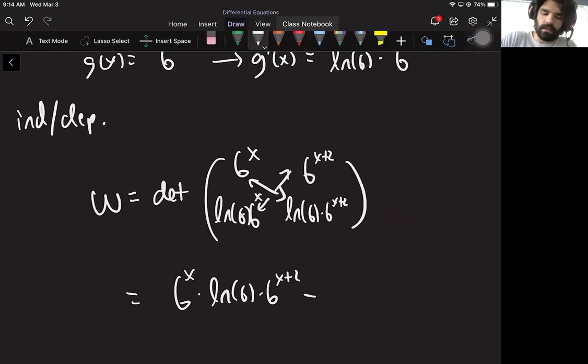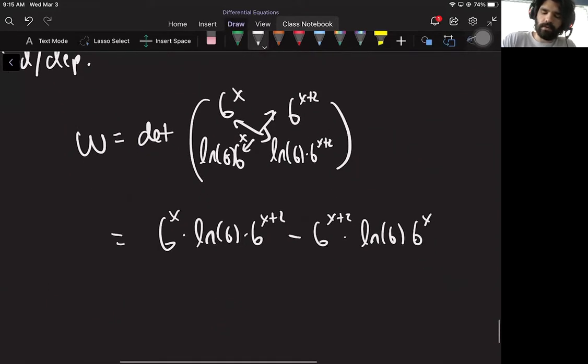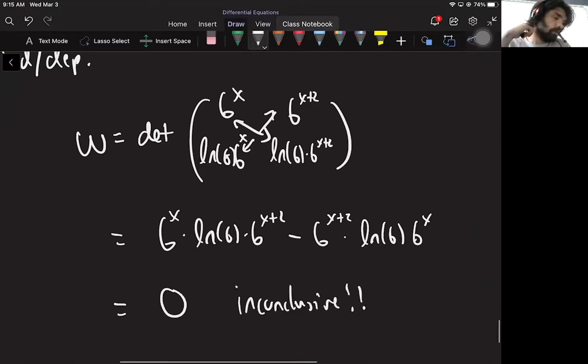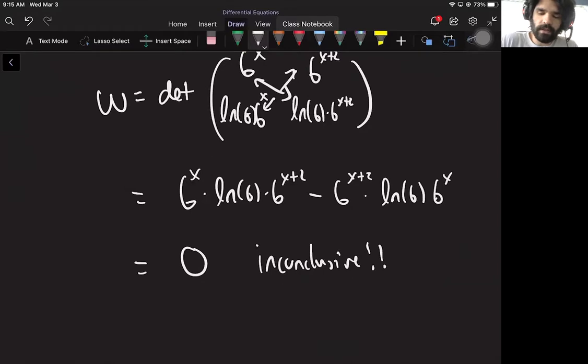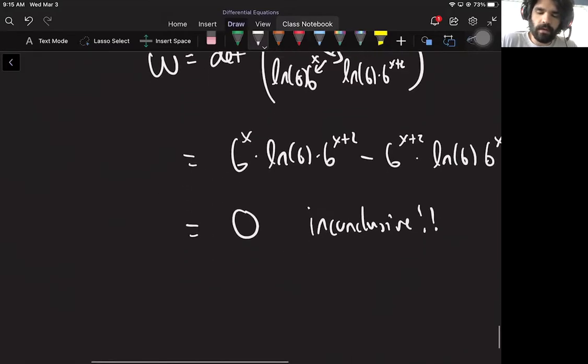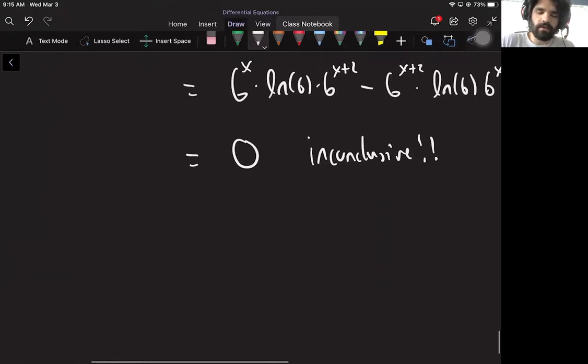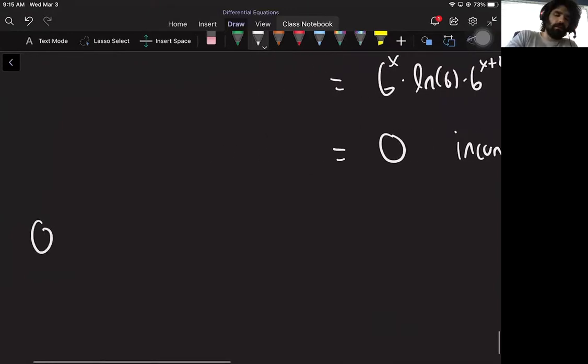Okay, minus, oh, it's the same thing, whoops. Just in a different order. But these are the same two things being subtracted, so you get 0, so it's inconclusive. So in this situation, we can't say it's independent, but we also can't say it's dependent, inconclusive. So we've got to think of some other way to do it, which is the old way.